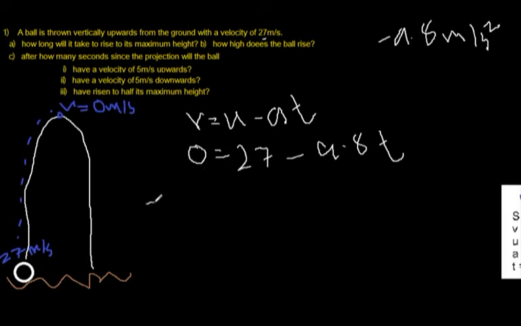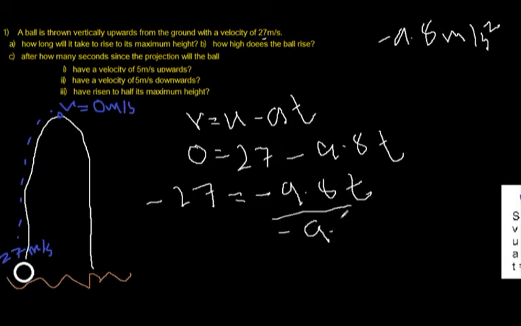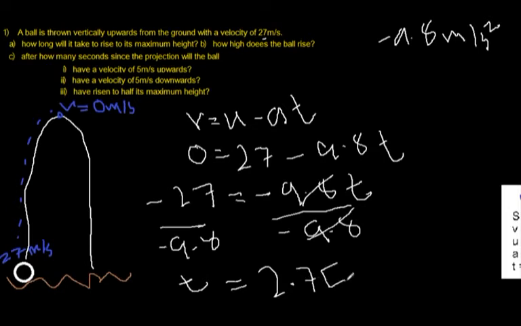Now bring 27 to the other side, it will be negative 27 is equal to negative 9.8 t. Divide both sides by negative 9.8. This cancels off. T, or the time, will be 2.7555.